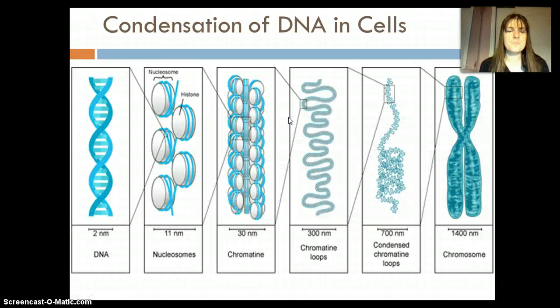Let's look at those structures. Here we have our DNA. Notice the width of this thing is only about 2 nanometers. It's tiny, tiny, tiny. Then we have this thing called histones. Histones are proteins, and if you are a eukaryotic cell, then the DNA is going to wind around these proteins kind of like beads on a string. Also think of it like thread wrapped around something that allows it to get really, really close.